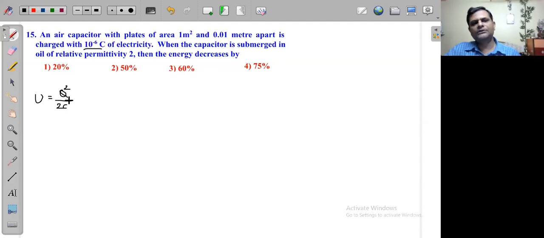ये फॉर्मूला हम क्यों यूज कर रहे हैं, क्योंकि when the capacitor is submerged in the oil of relative permittivity 2, मतलब क्या कि ये जो कैपेसिटर है वो उसके बीच में पहले एयर था, तो तब का उसका जो कैपेसिटी है तो वो हम उसको बोल देंगे C सपोज.